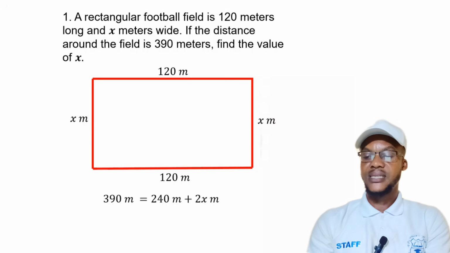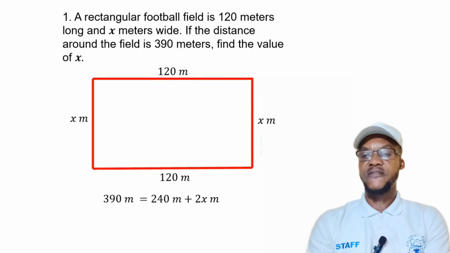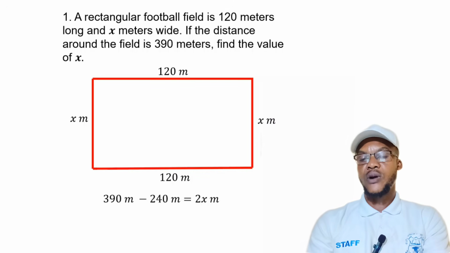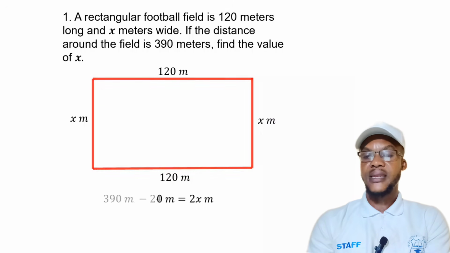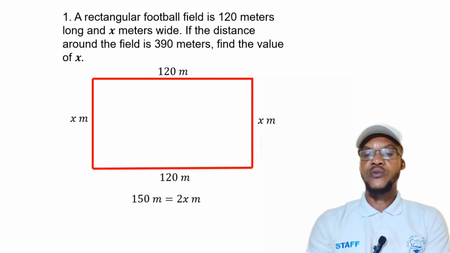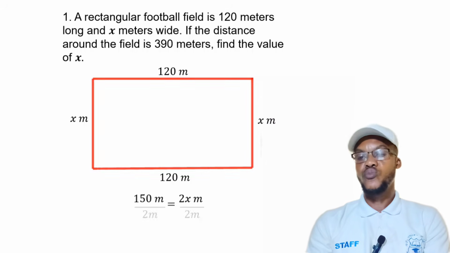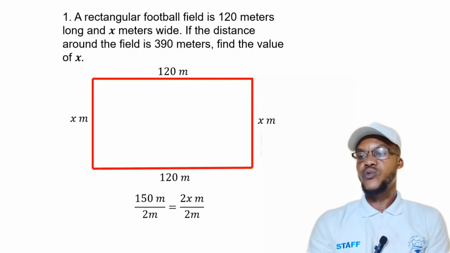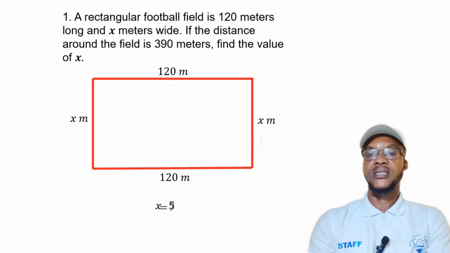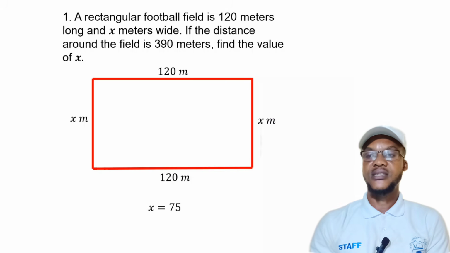And then we do the needful. We group items, we do our simplification, and then we divide both sides by 2. And that is going to give x as 75. So the value of x is 75. Very interesting.